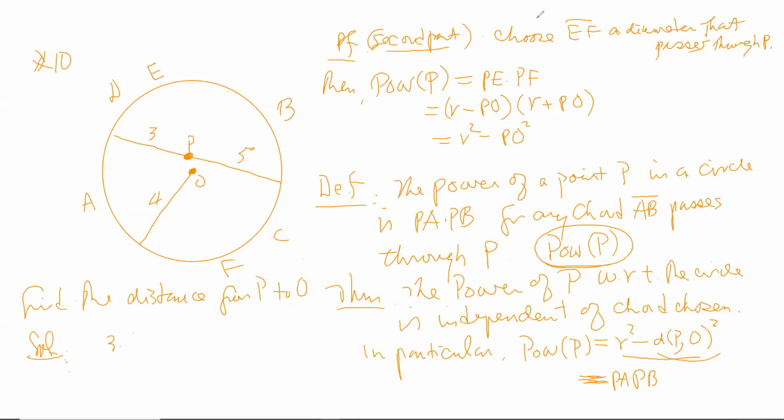Okay, so the solution is very quick because 3 times 5 is the power of the point, agree? Yeah. And the power of point P is also equal to what? Equal to R squared minus PO squared, do you agree? And you can see that PO squared equals 15 plus 16. So therefore PO equals square root of 31, do you agree?